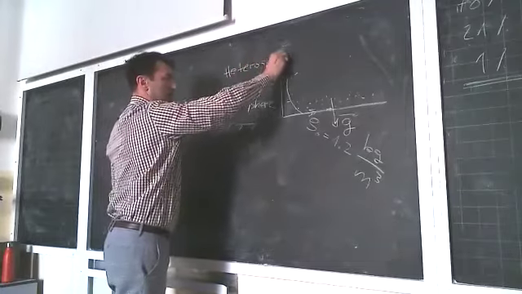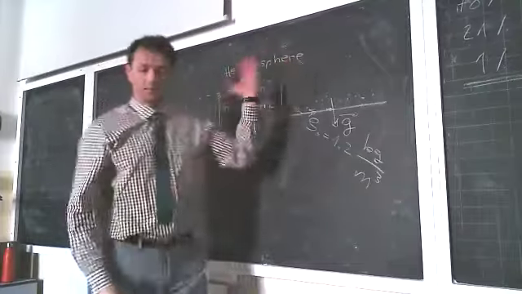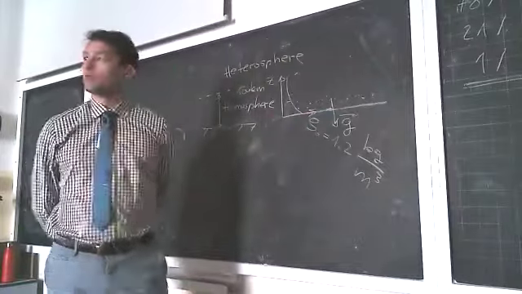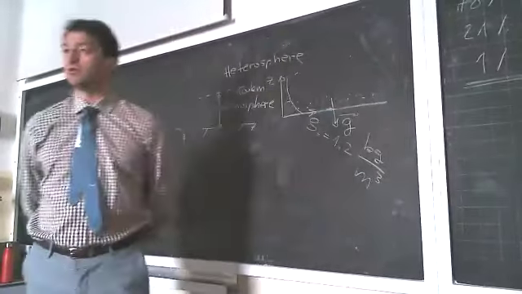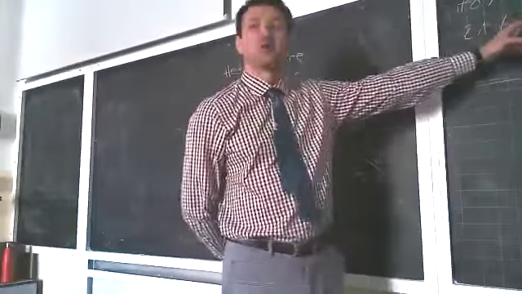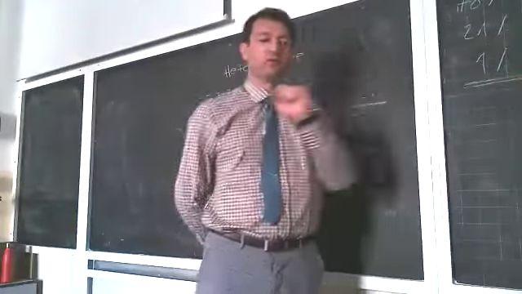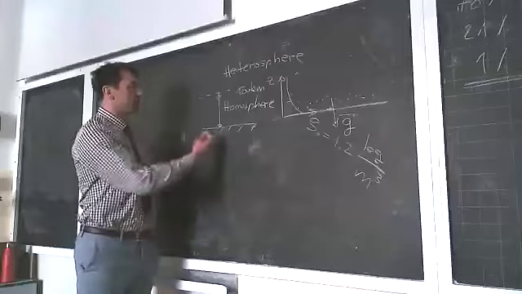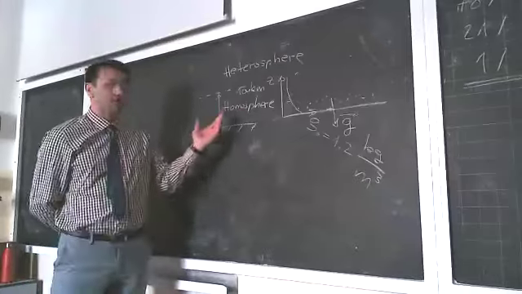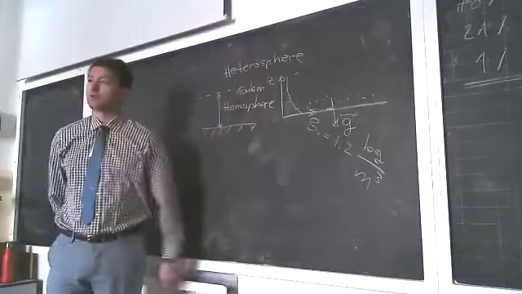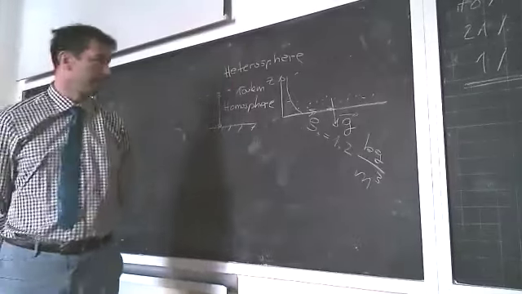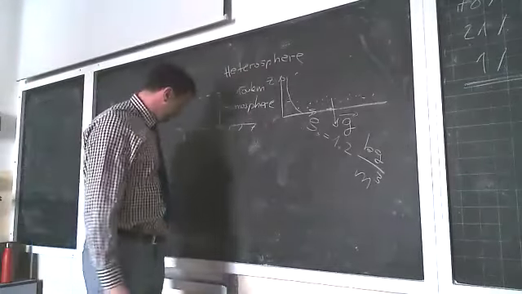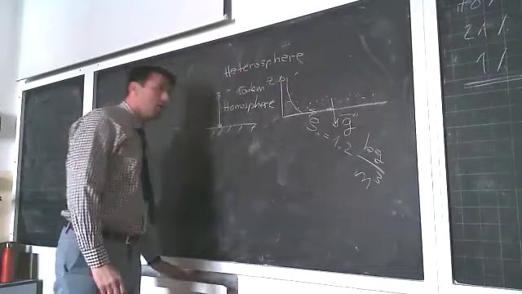In heterosphere, these percentages are no longer satisfied, and you mostly have light gases like helium, oxygen, but in atomic form, not in molecular form, hydrogen, and so on. But all weather and processes at the surface are in homosphere. So, at least from the point of view of this course, we are not interested in heterosphere. Any questions?